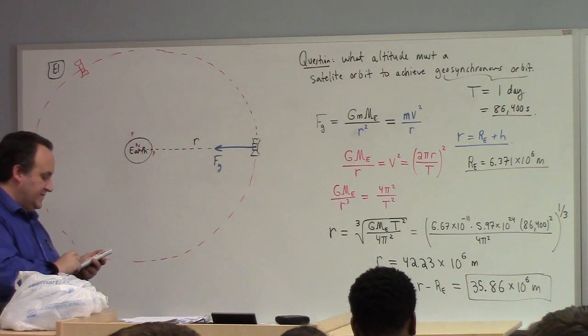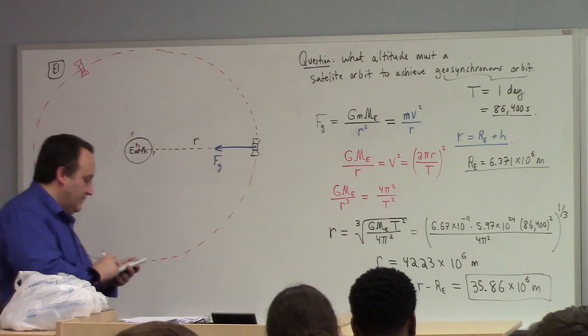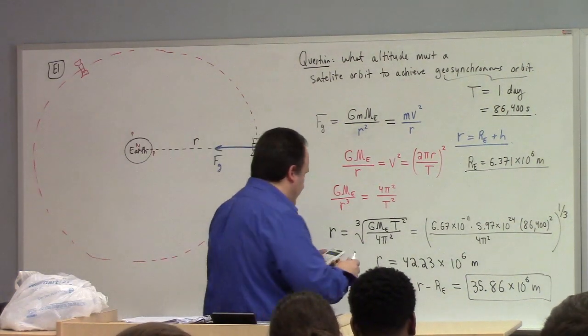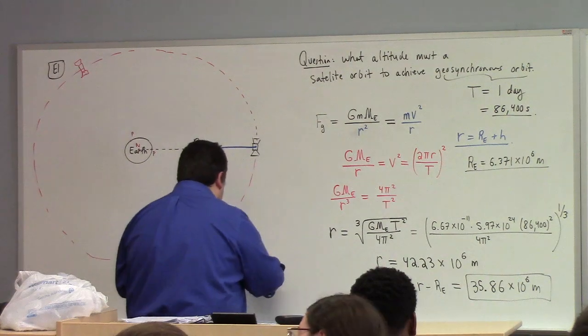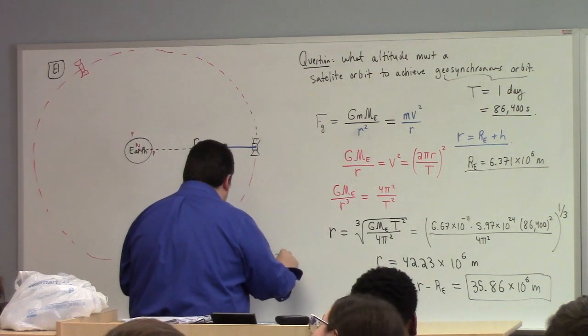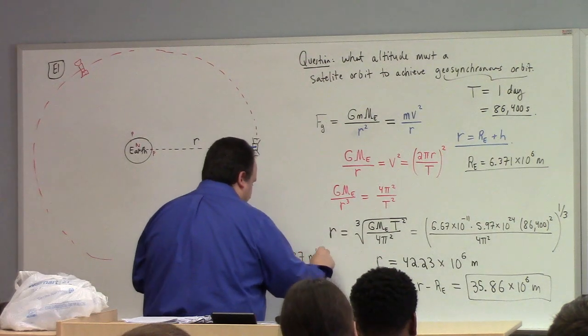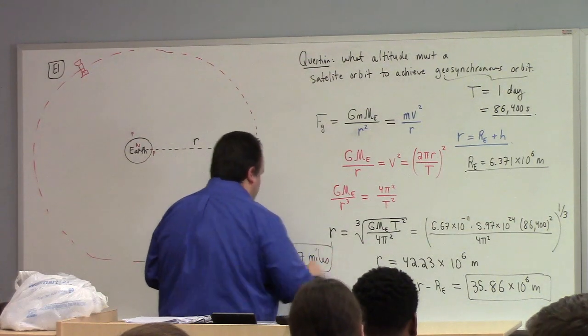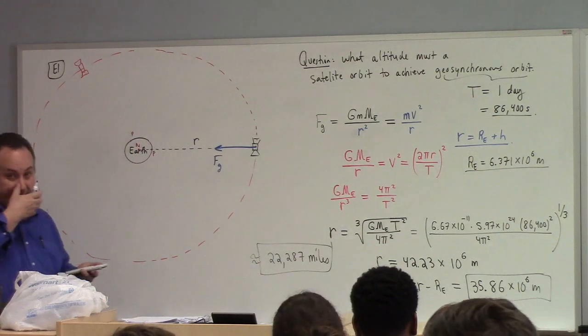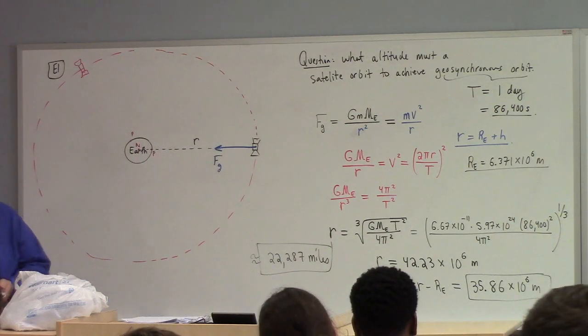I think about 22,000, it's approximately 22,287 miles. Of course, these are not all significant, but that's geosynchronous orbit, something like that. About 22,000 miles.